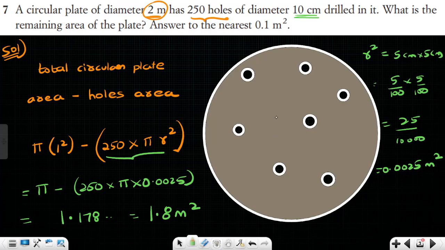So after cutting off all the holes, 250 holes is like too much. When you cut all that, the remaining gray area is just 1.8 meter square. Once after noting down, please take the answer.